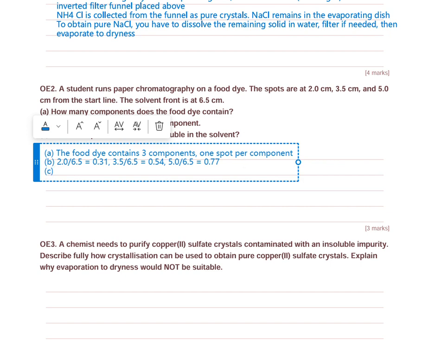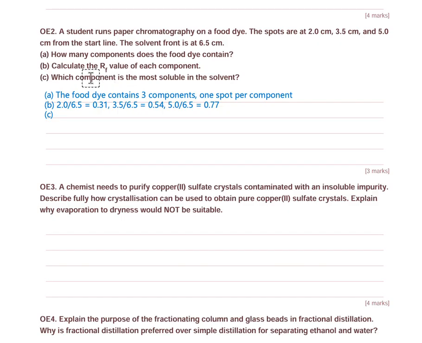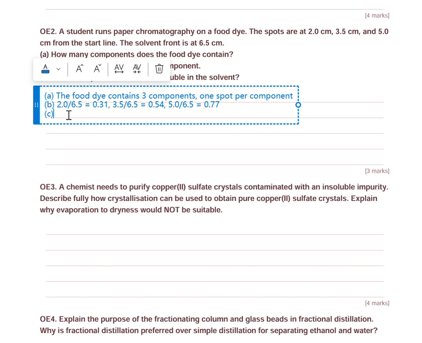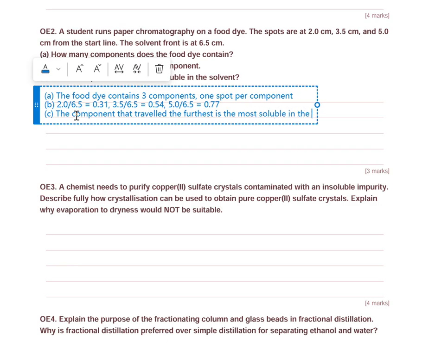Okay, next question. Part C. Which component is the most soluble in the solvent? So actually it's the component that travels the furthest. You have to write which one it is. So it's the component that traveled the furthest that is the most soluble in the solvent.